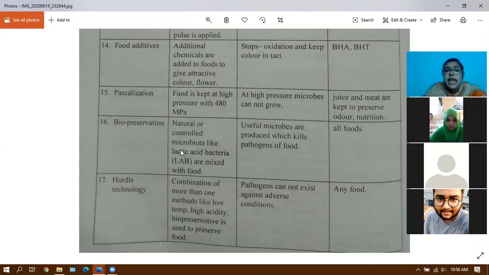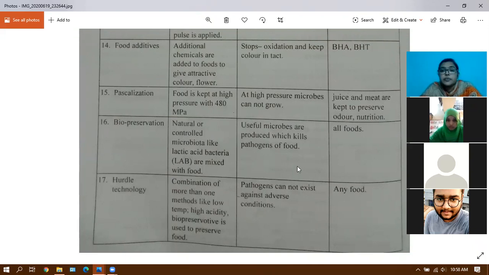As a result, in this process, that means biopreservation, useful microbes are produced. Some microbes are useful in our body and in food also.